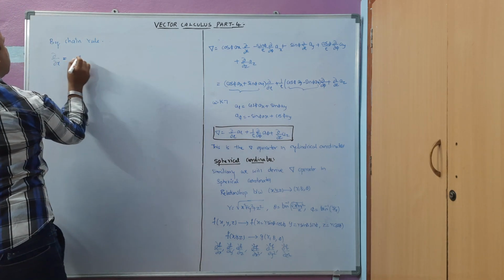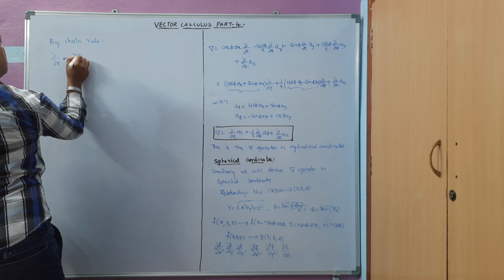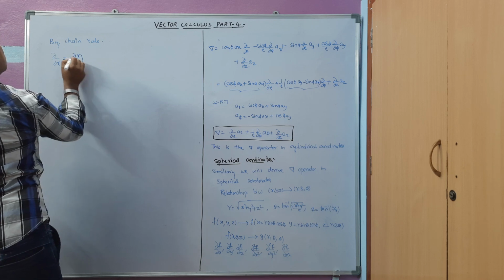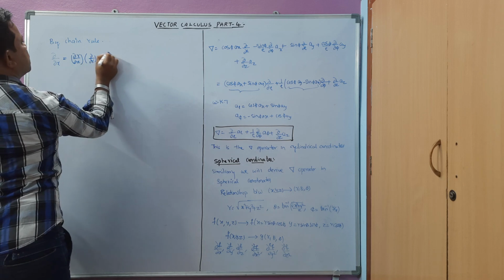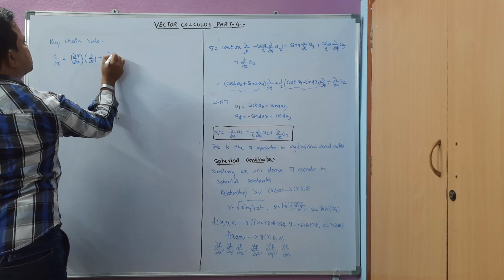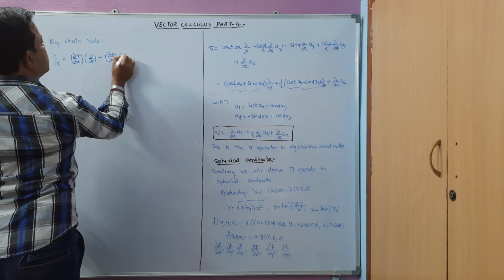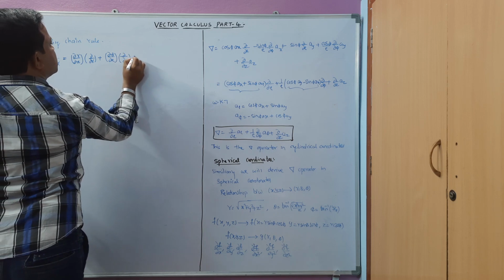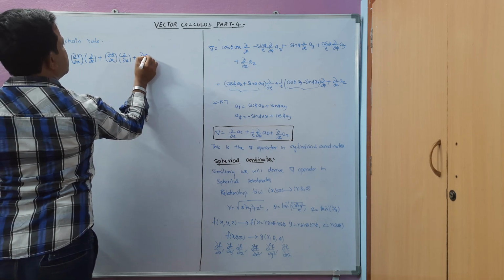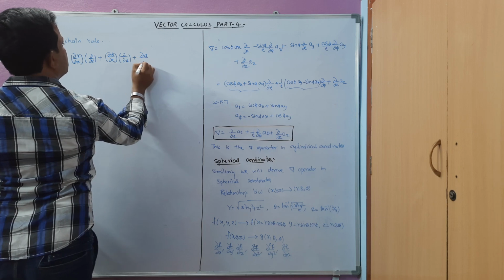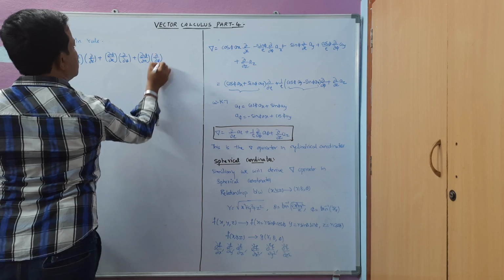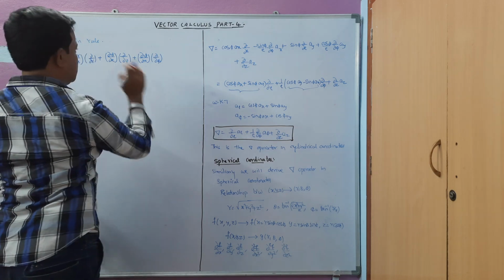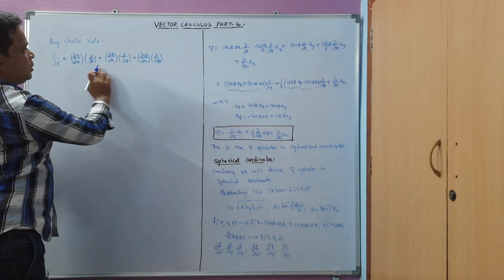Dou by dou x will be equivalent to dou r by dou x into dou by dou r, plus dou theta by dou x into dou by dou theta, plus dou phi by dou x into dou by dou phi. Because it is a function of 3 parameters.